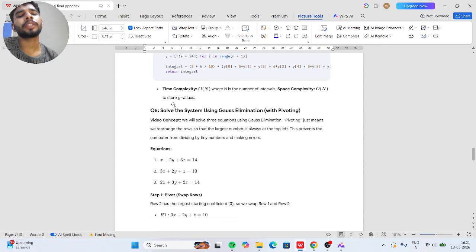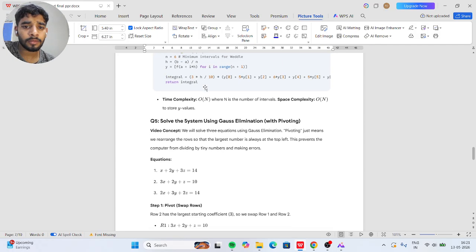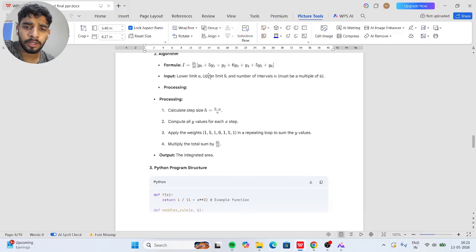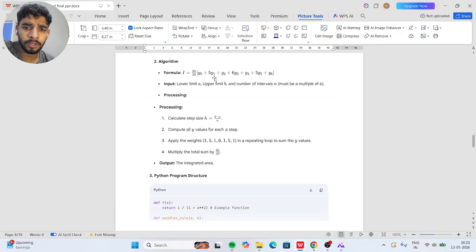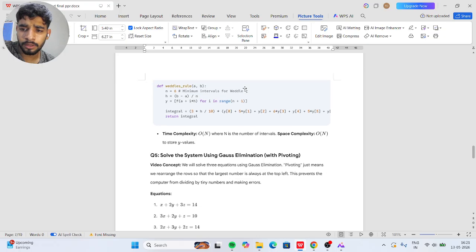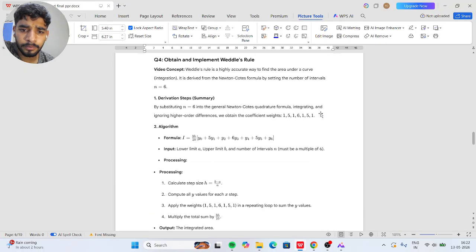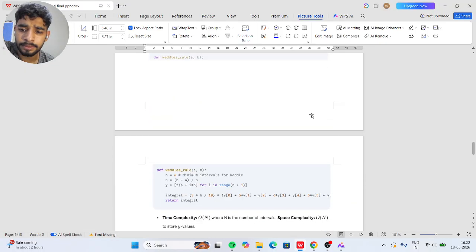Now to find the final integral, we write the formula which we have written in our algorithm. So here 3 into h by 10 is outside, and it is multiplied by y0 plus 5 into y1 plus y2 plus 6 into y3 plus y4 plus 5 into y5, and then y6.